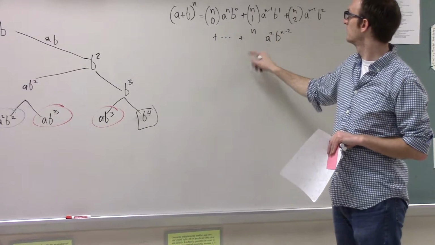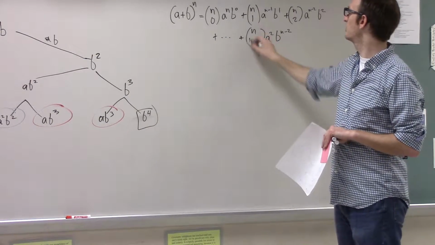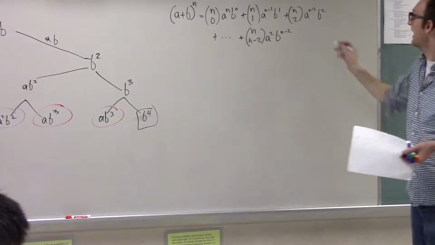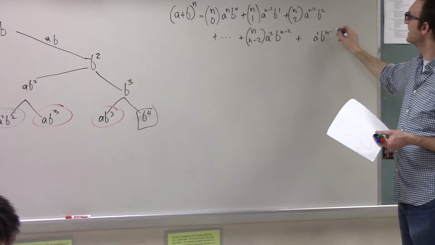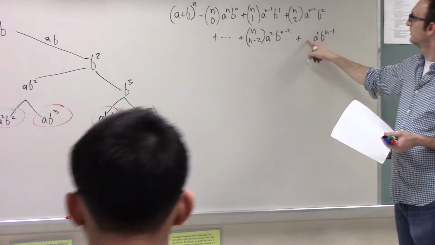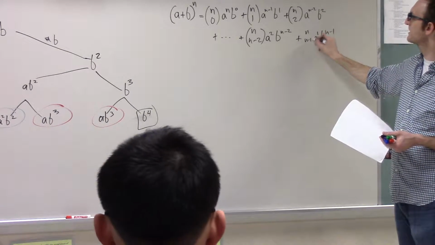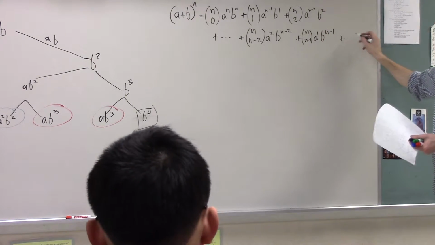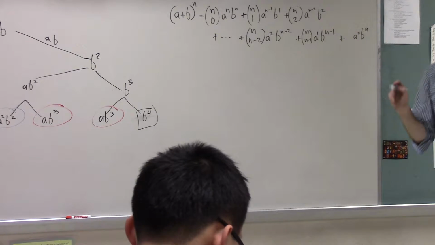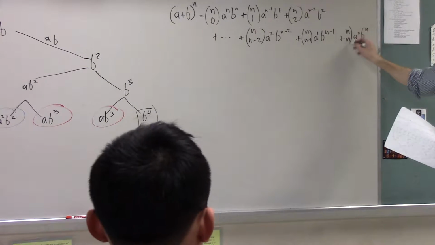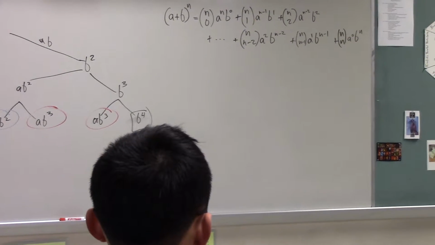N choose n minus 2. Are you cool? Okay, and then a couple more. How many a to the 1, b to the n minus 1 terms will I have? N choose n minus 1. And finally, how many a to the 0, b to the n terms? Now, of all of my n choices, n of them must be right.